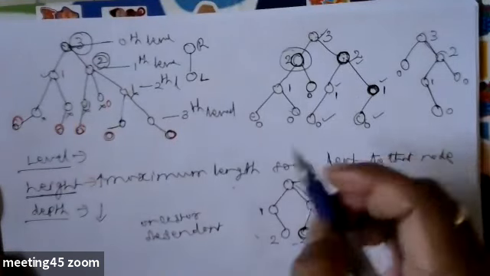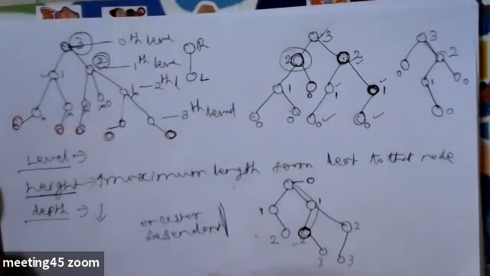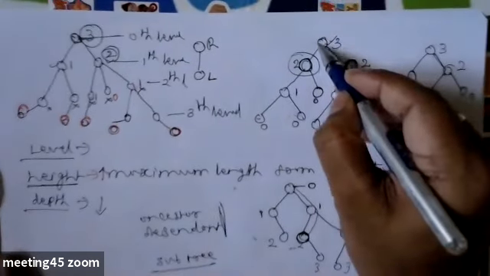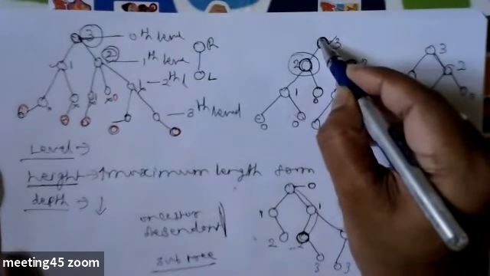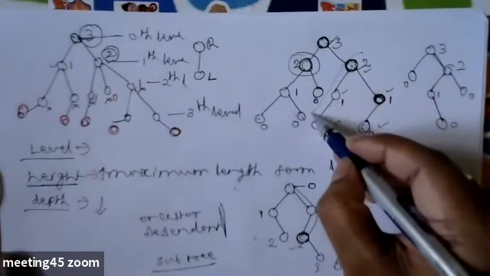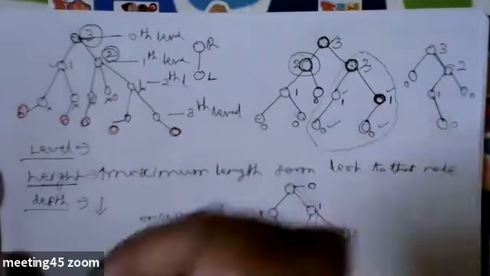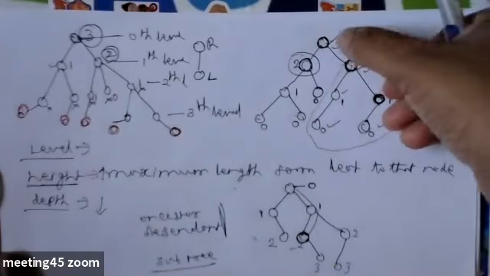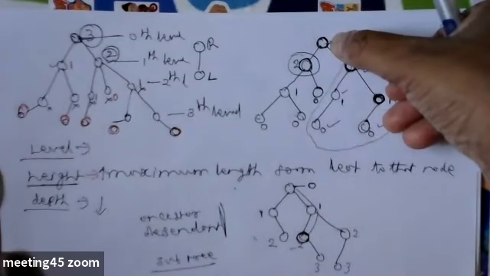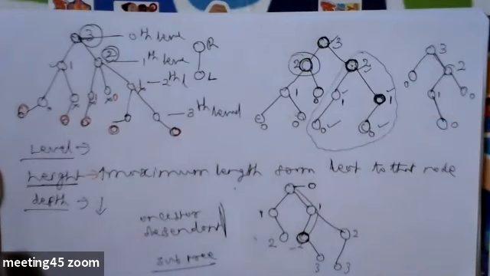Then based on ancestor and descendant, a subtree is decided. What is a basic subtree? If you consider this a node, then one side subtree will be this one. All the descendants belonging to this node can be considered as a subtree of that node.